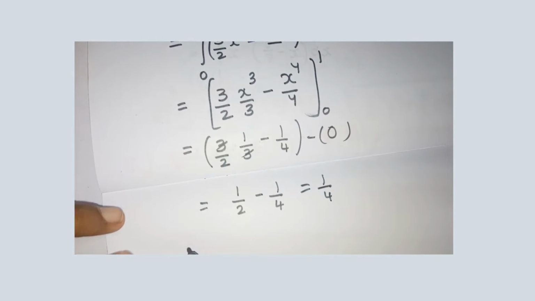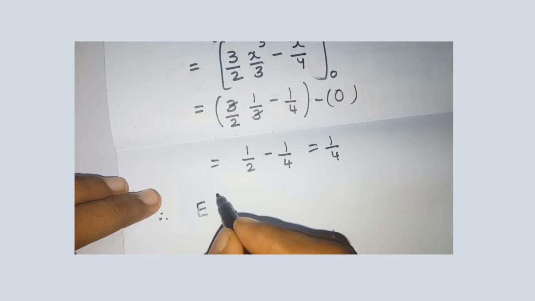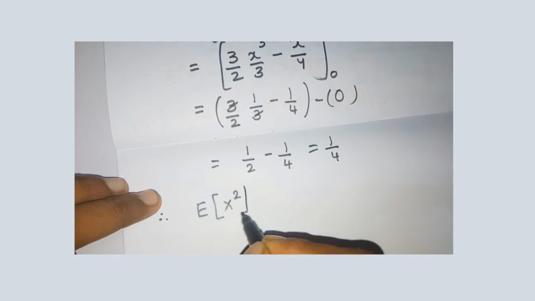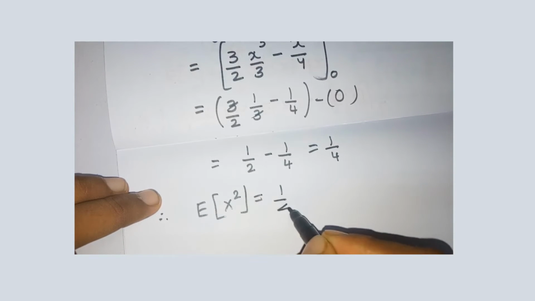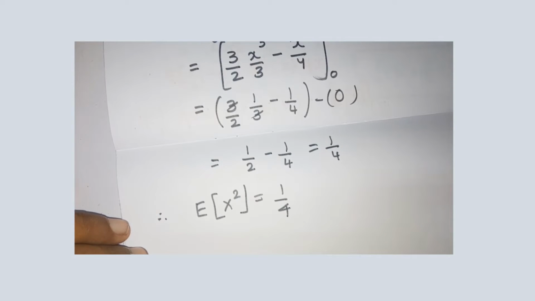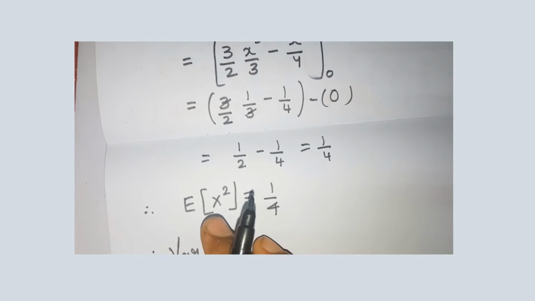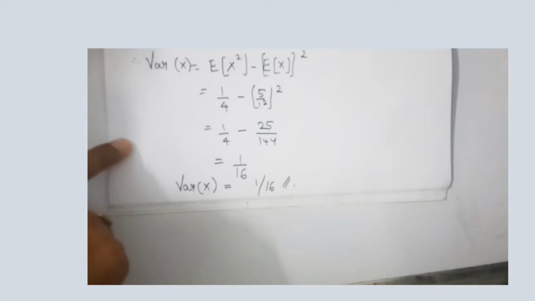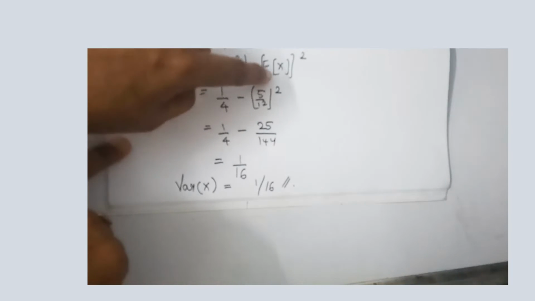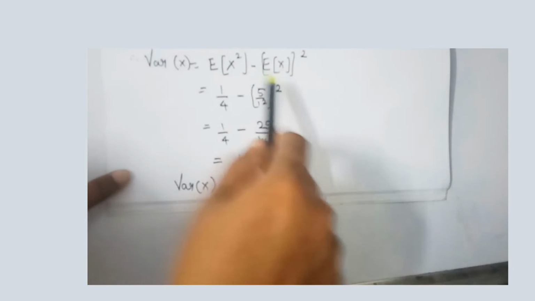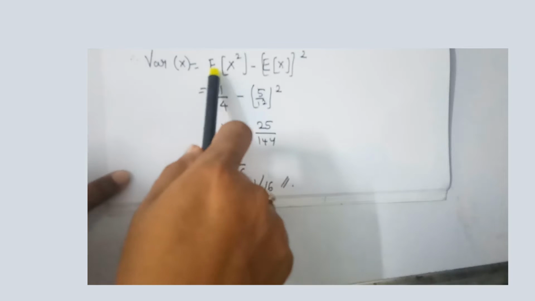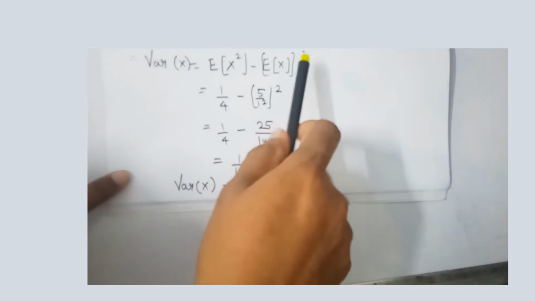Now this value we have obtained is E of x square, which is 1 by 4. Now the formula for variance, as we know, is E of x square minus E of x whole square.